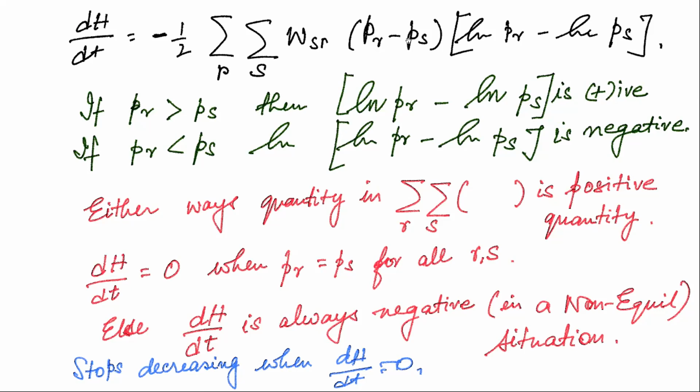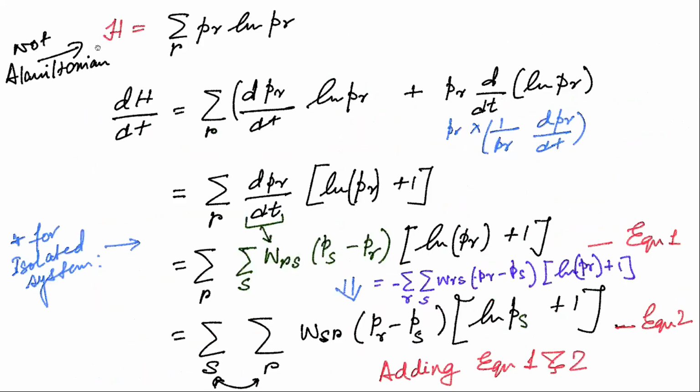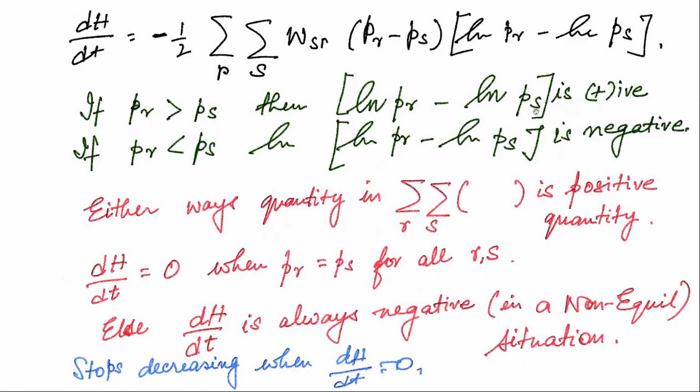Because if any of them are unequal, dH/dt will keep decreasing. If dH/dt keeps decreasing, then the PRs, if they are unequal, will keep changing, and they will keep changing till PR is equal to PS.